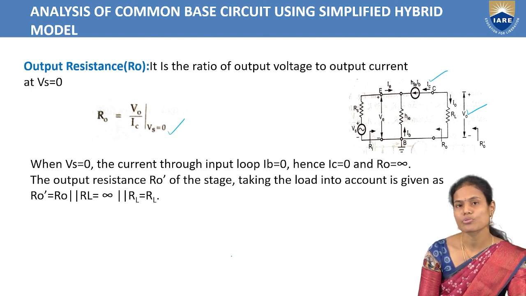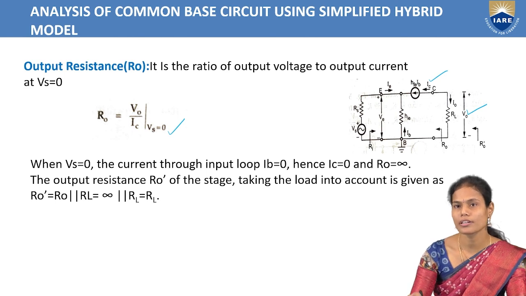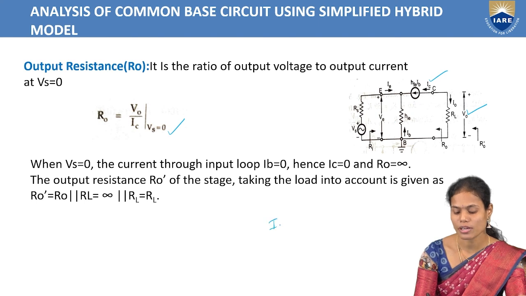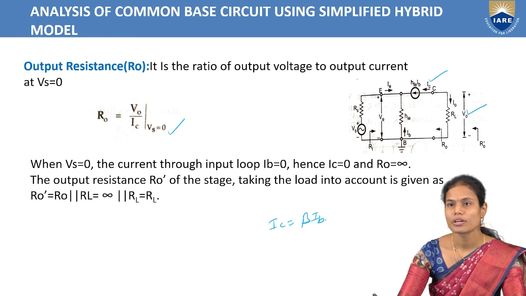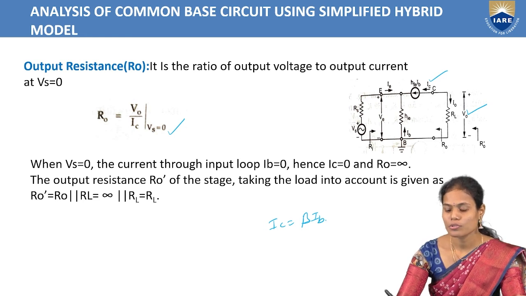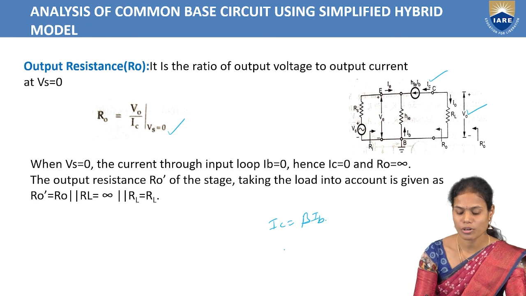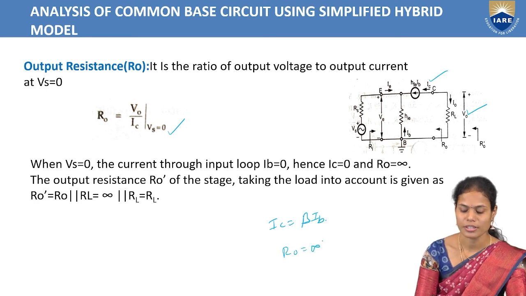So when the source voltage is 0, the current through the input loop is also 0. That is nothing but the base current is also 0. So once the base current is 0, the collector current is also 0. Why? Because IC equal to beta into IB. So once the collector current is 0, the output impedance is infinity. So R0 equal to infinity we will get.